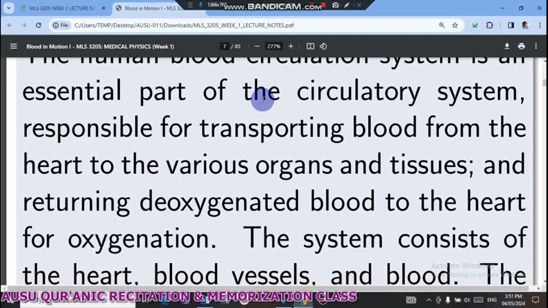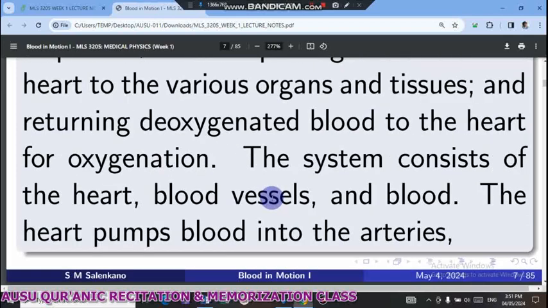After the transportation, the blood will now be devoid of oxygen. When it has delivered oxygen to all the body parts, it will be without oxygen. If it has no oxygen in it, we call it deoxygenated blood. By this prefix, de, we mean oxygen is removed from it. So it comes back to the heart again for oxygenation.